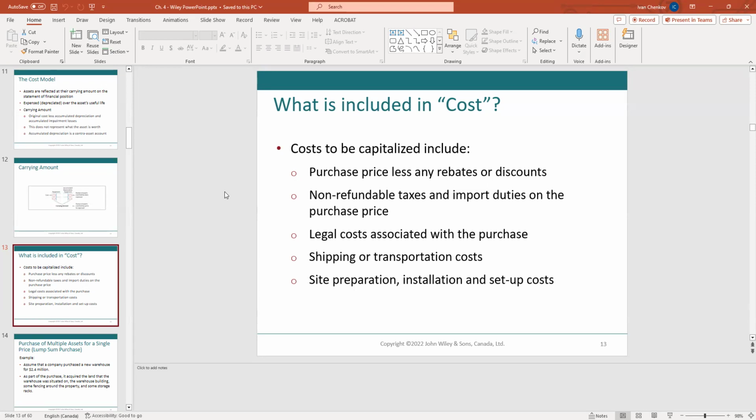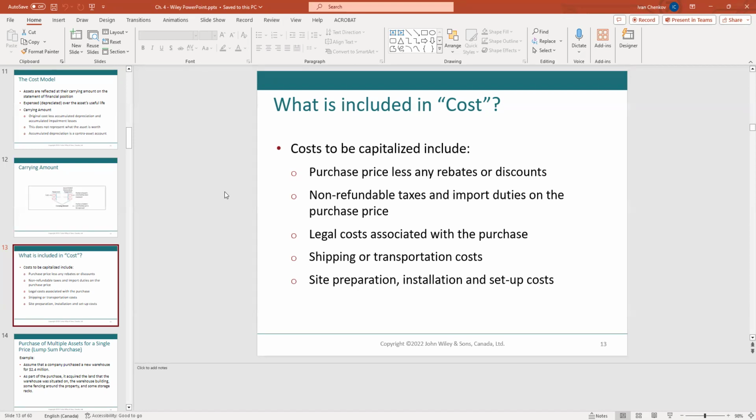Any import dues and anything like that, you have to include. Legal costs associated with the purchase also have to be included. Shipping costs and transportation costs have to be included. Site preparation, installation, and setup costs for the machine, for the equipment, for anything that you're purchasing, have to be included as well. So how should you look at this?